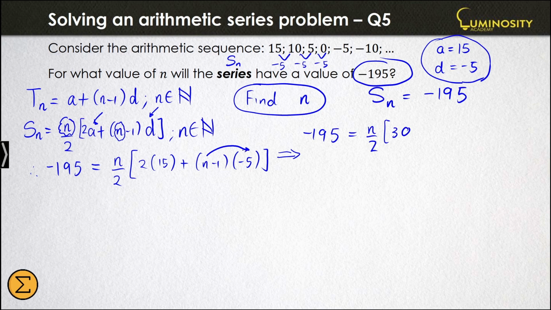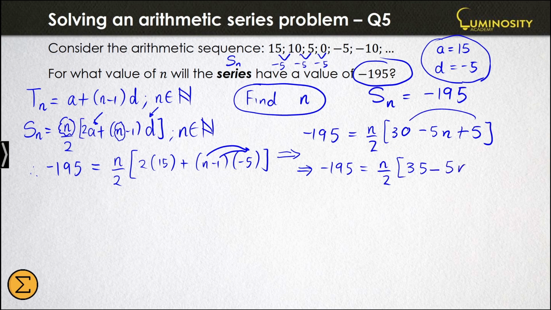N times -5 is -5n. -1 times -5 is +5. So let's clean that up a bit. So you have -195 equals n over 2 into 30 plus 5 is 35 minus 5n.